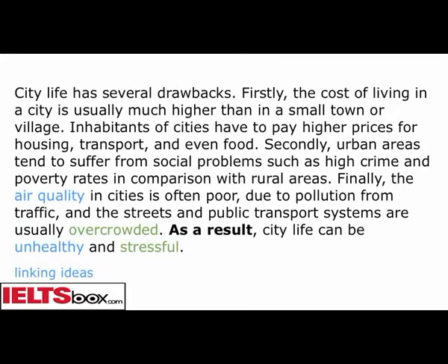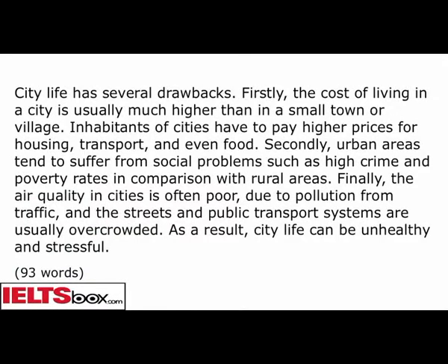So using as a result, I've linked air quality with unhealthy and overcrowded with stressful. So, in conclusion, good main body paragraphs are the key to a high score in IELTS writing task 2. In my opinion, the firstly, secondly, finally structure is a very easy way to write excellent paragraphs.